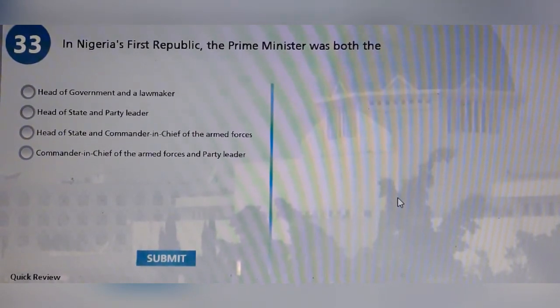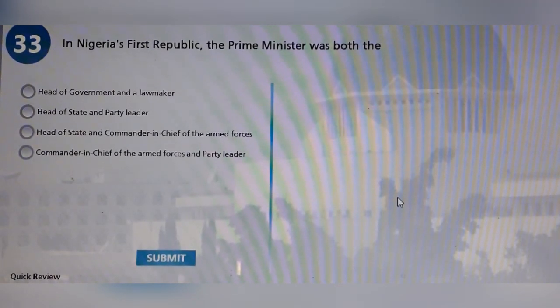Number 33 says, in Nigeria's first republic, the prime minister was both the A. head of government and a lawmaker, B. head of state and party leader, C. head of state and commander-in-chief of the armed forces, and D. commander-in-chief of the armed forces and party leader. Of course, this is talking about the parliamentary system of government.